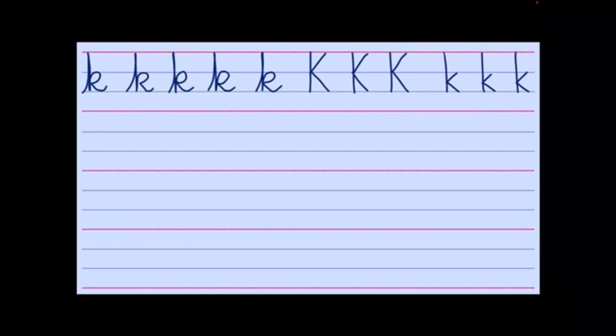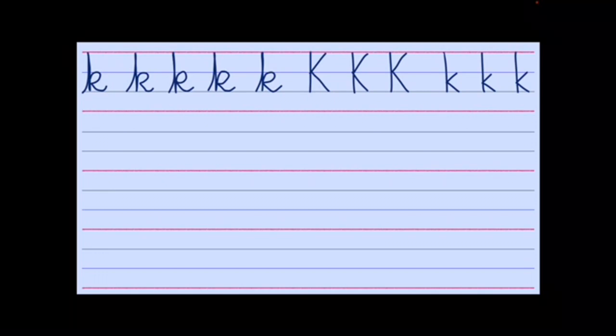We can gauge the size using handwriting paper. We will use the letter K for the sound K when it's followed by E or I.